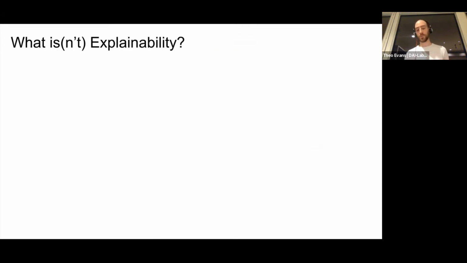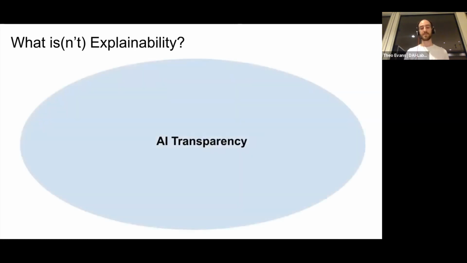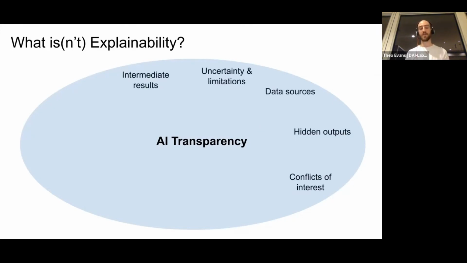So in order to talk about explainability in healthcare, we have to have some common understanding of what we're talking about with explainability. And this term is by no means widely agreed upon in terms of its definition and the aspects of AI that it encompasses. What we can say for certain is that explainability is at least a subset of AI transparency, where AI transparency involves having access to important information about your AI solutions.